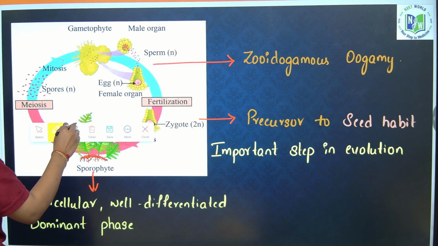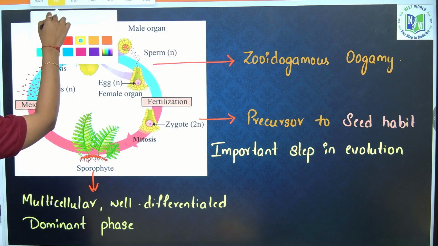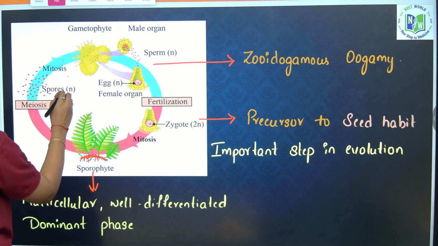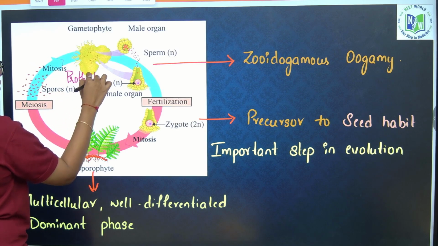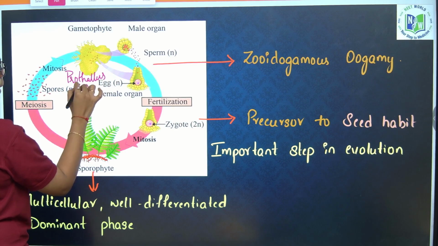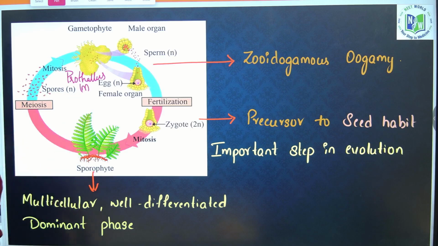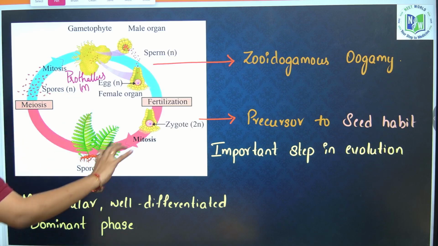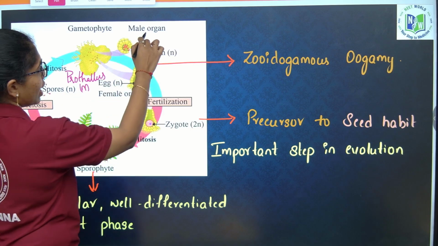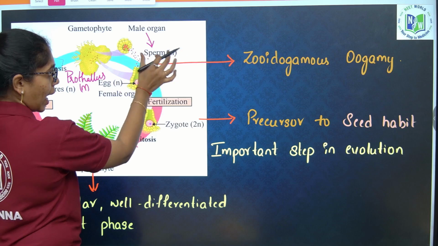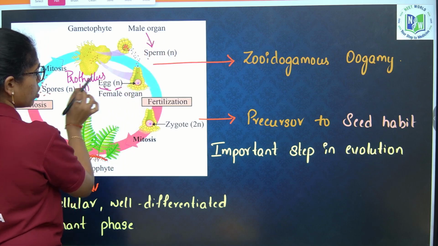of course, the primary gametophytic structure is what, Nana? Primary gametophytic structure is prothallus, which is haploid. Okay, this differentiates into a mature gametophytic structure. Of course, they bear male sex organ and female sex organ. Male sex organ releases antherozoids, female sex organ possesses egg.